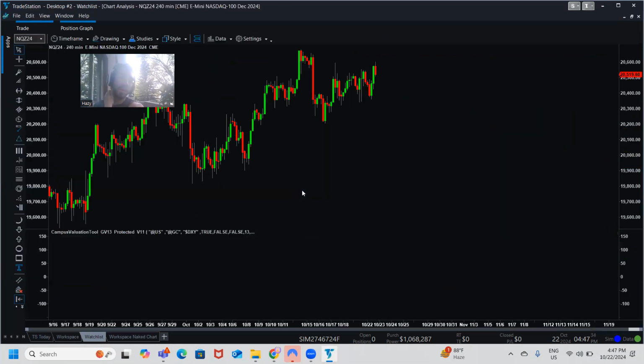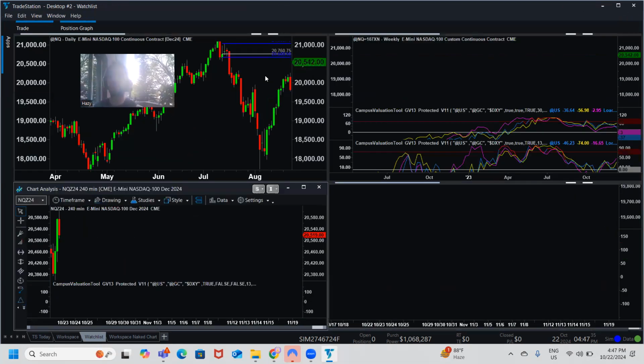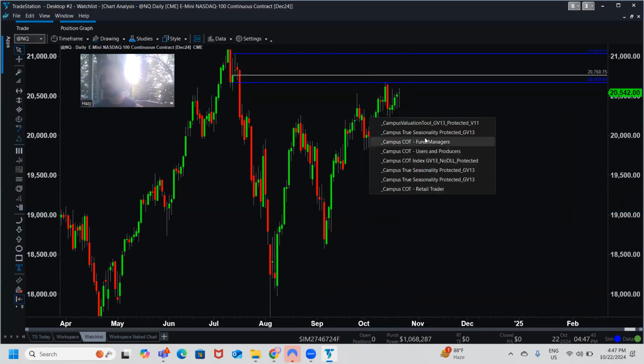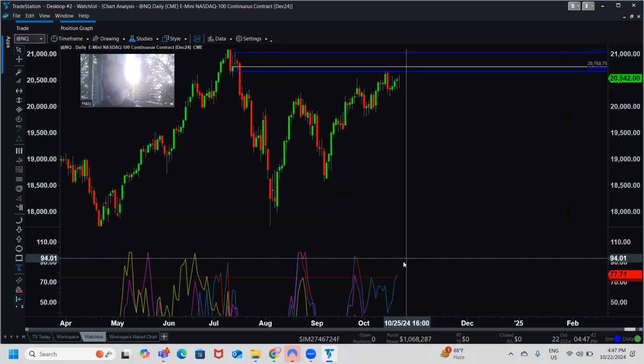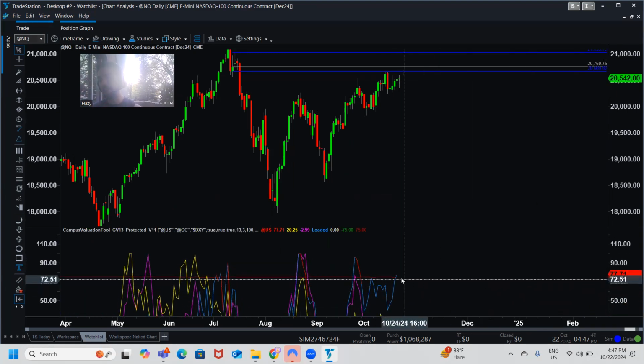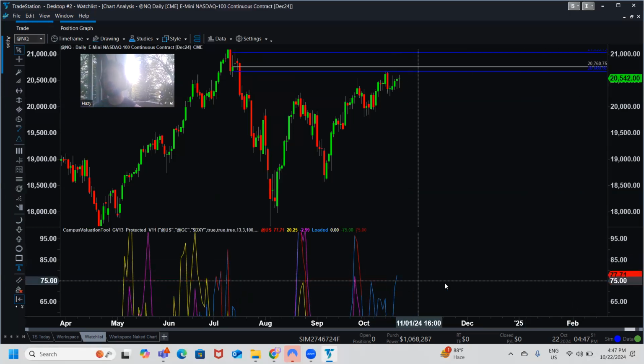Before going to the contract specific, let's look at what's more important, which is the Campus valuation. In this chart, we can see that we're already overvalued against interest rates.